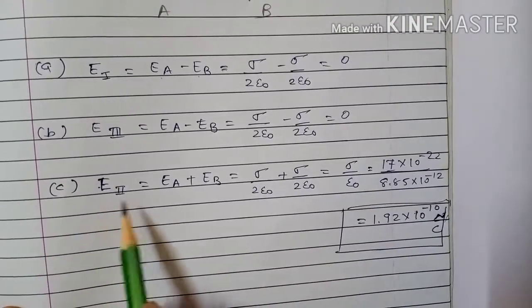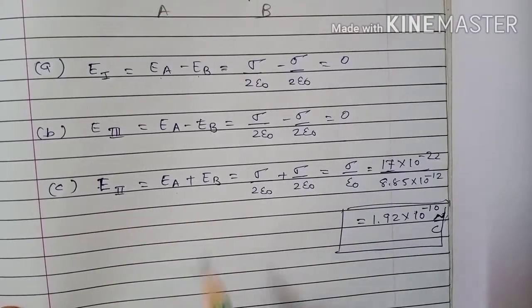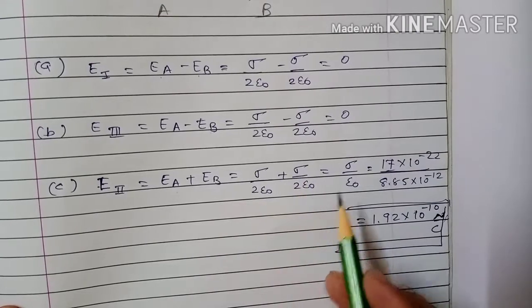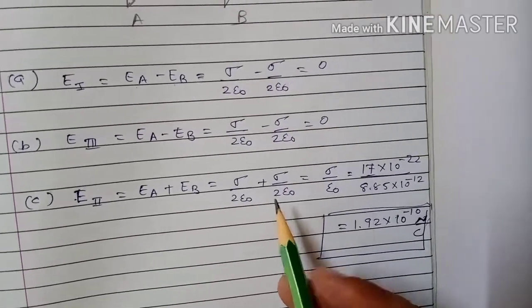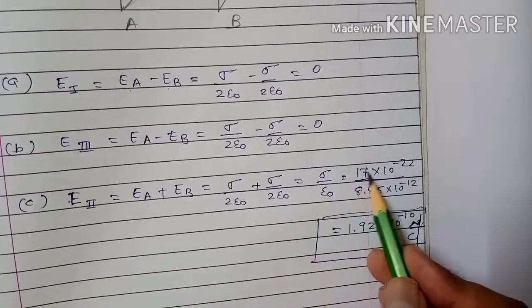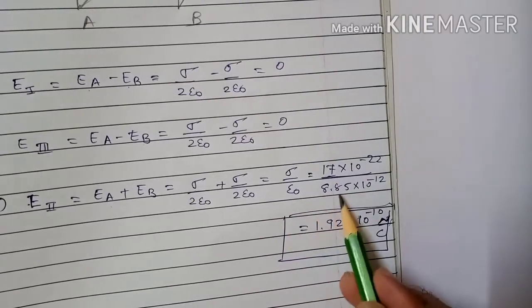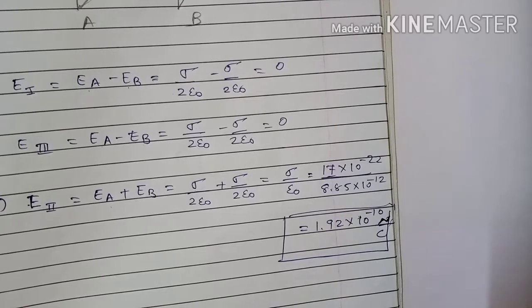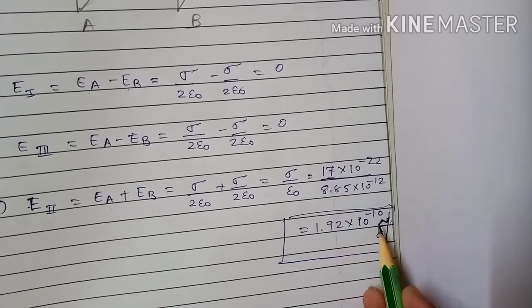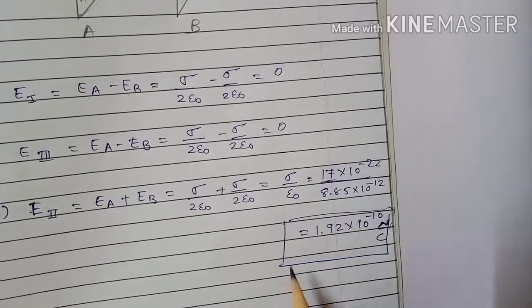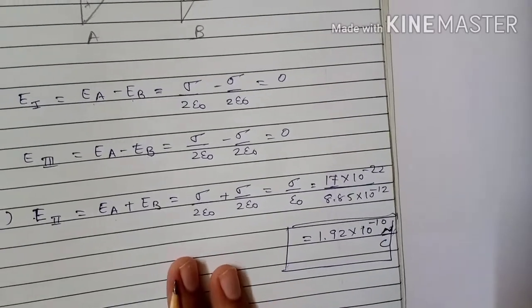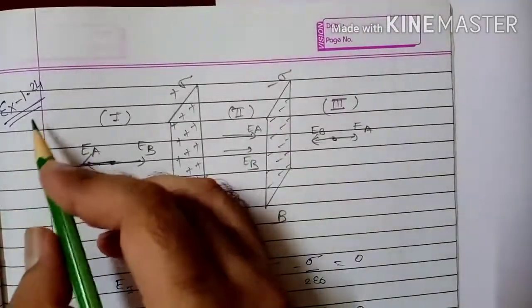Therefore, net electric field in second region is E2 equal to EA plus EB, so sigma upon 2 epsilon naught plus sigma upon 2 epsilon naught, that is sigma upon epsilon naught. Value of sigma is given to us, 17 into 10 raised to minus 22, upon the value of epsilon naught, known to us, 8.85 into 10 raised to minus 12. So we will get 1.92 into 10 raised to minus 10 Newton per Coulomb. This is the answer of exercise numerical number 1.24.